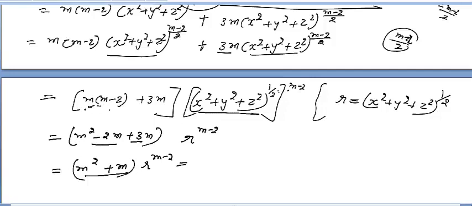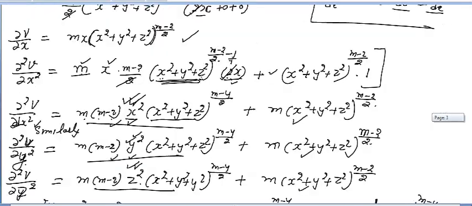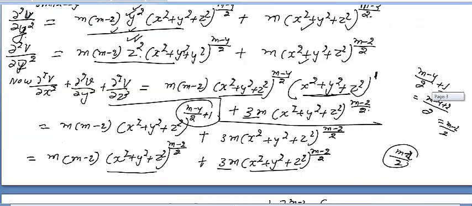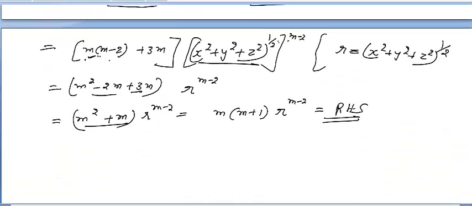Now from here you will get m common, m plus 1 is left, into r raised to power m minus 2. So this is equal to the right hand side. You can see what you wanted to prove. This is the requirement. So we have proved it perfectly.